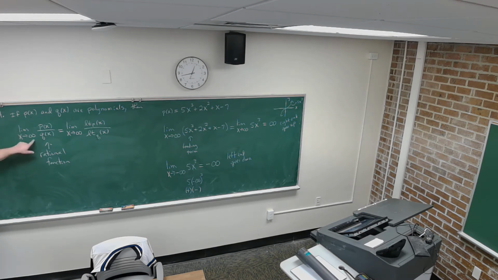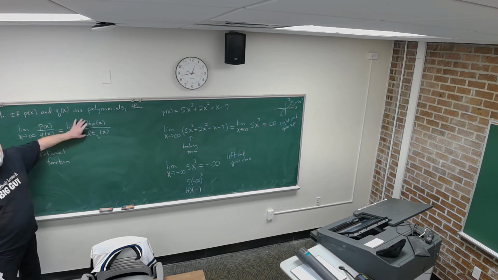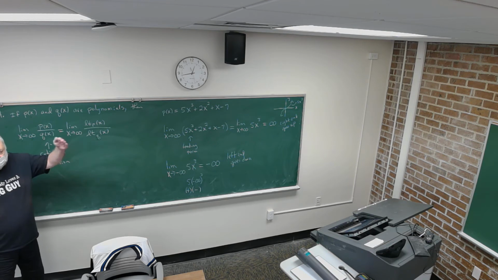to determine the right end behavior, x increasing without bound, of this rational function, all we have to do is look at the limit as x increases without bound of the ratio of the leading terms. And if you remember, that's what we did in pre-calculus. Remember we talked about top heavy, bottom heavy, equal degree.